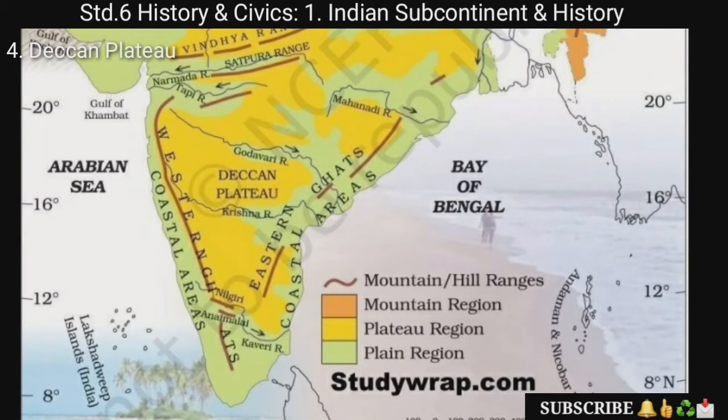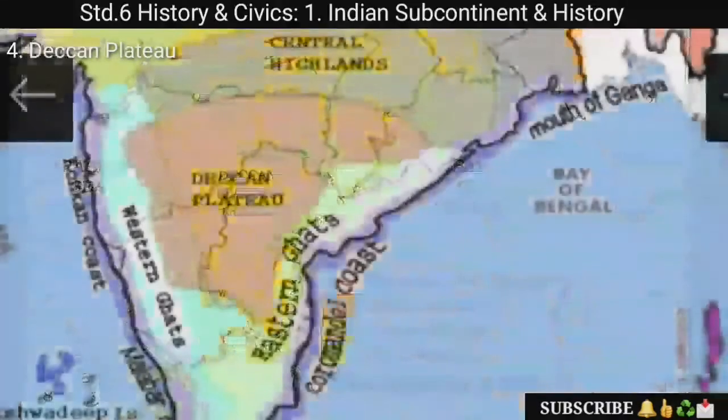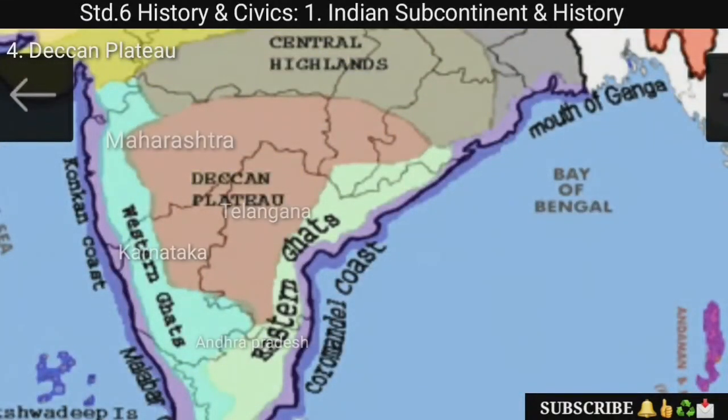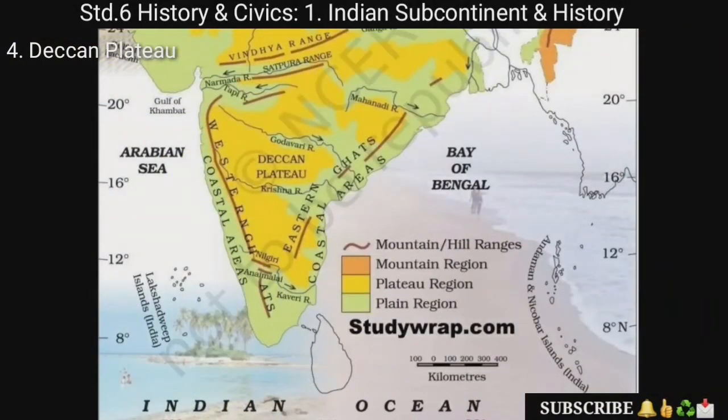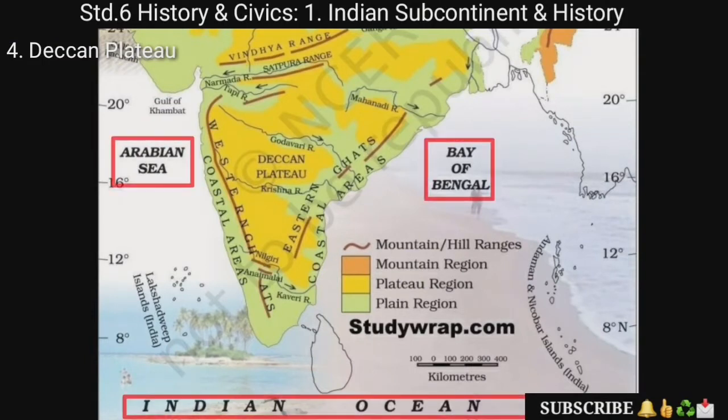It extends over 8 Indian states and encompasses a wide range of habitats, covering a significant part of Telangana, Maharashtra, Karnataka and Andhra Pradesh. Okay, students, this region has the Arabian Sea to its west, the Indian Ocean to its south, and the Bay of Bengal to its east.